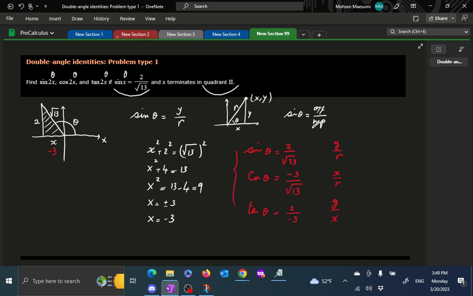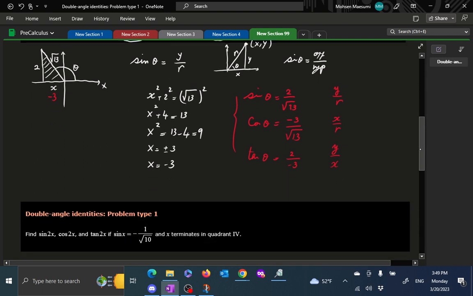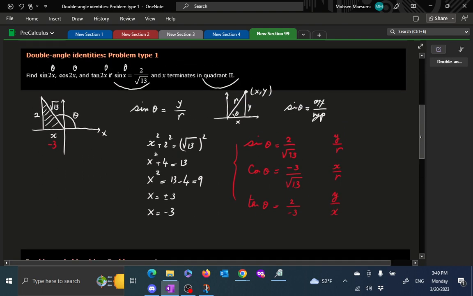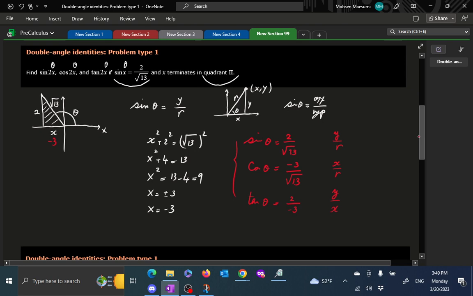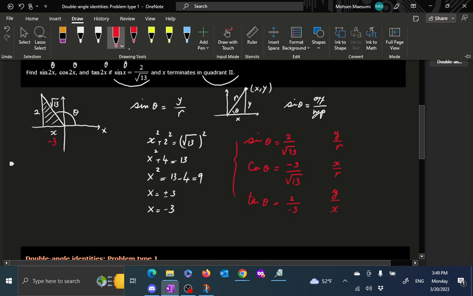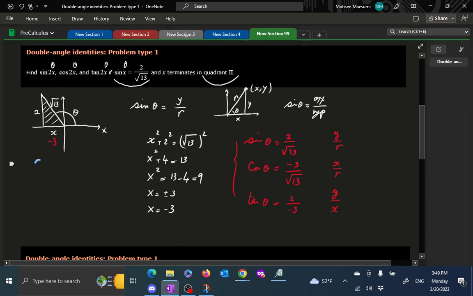So we have sine, cosine, and tangent. In the first round, we figure these things out, and then we come back and ask what it is that you want. First, I want sine of 2x. Well, what was sine of 2x?